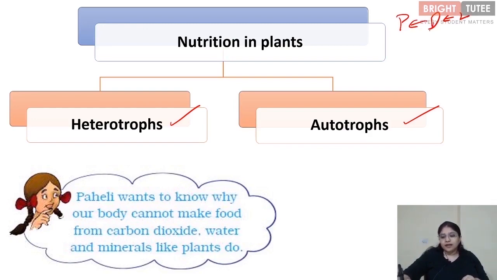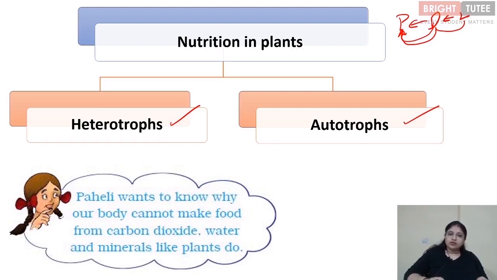So in this way we see that the deer is directly dependent on the plant, whereas the lion is indirectly dependent on the plant, right? So the heterotrophic mode of nutrition is where the organism is not able to make its own food and is dependent on the plant directly or indirectly, right?